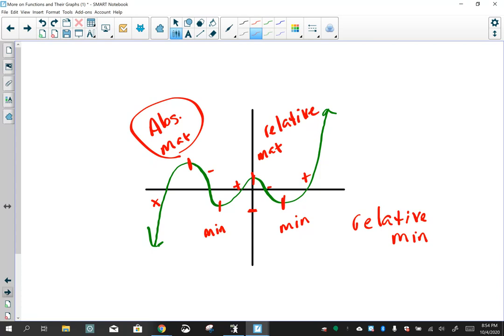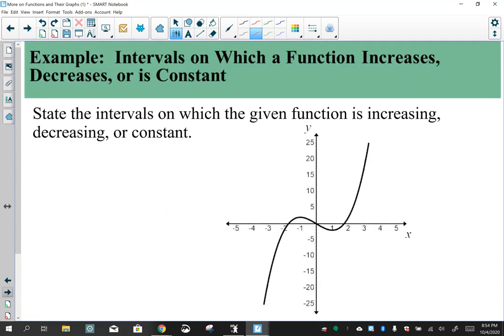So let's take a look at some of these. We're going to focus first off on the intervals. State the intervals on which the given function is increasing, decreasing, or constant. The first thing we want to do is identify these turn points. We've got a turn point right here and a turn point right here.